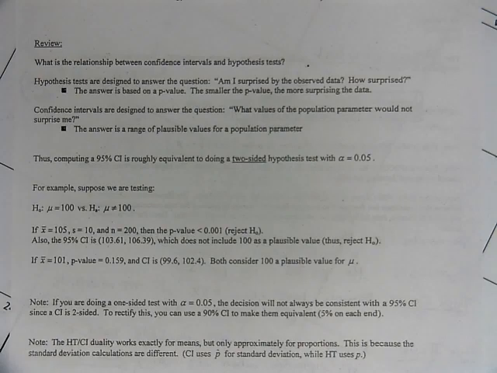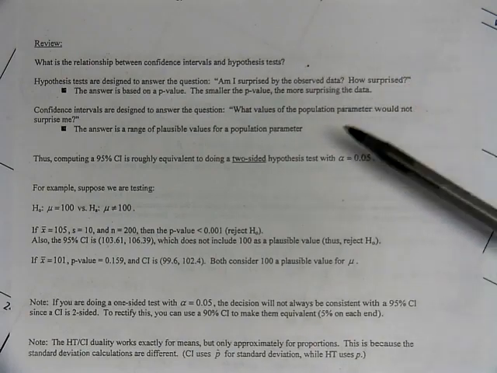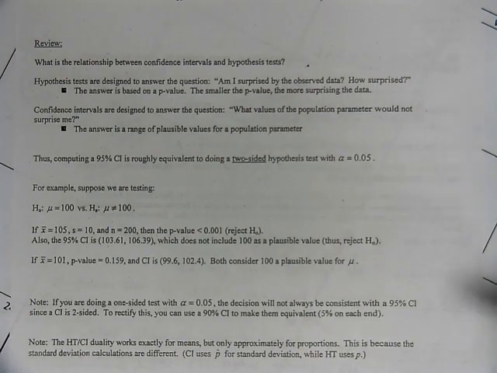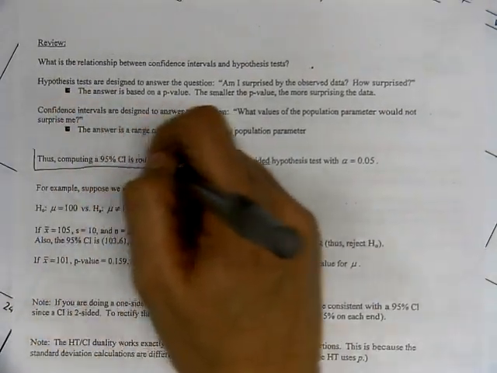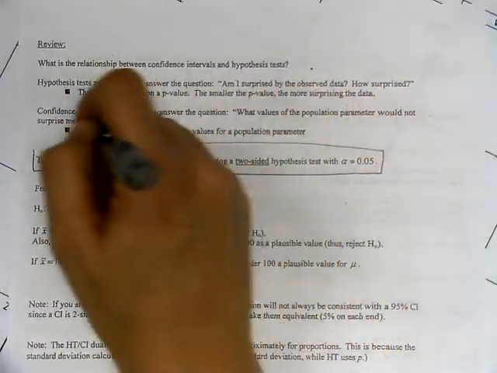How surprised? The answer is based on your p-value. So you're finding a probability to answer the question. Confidence intervals are designed to answer the question, what values of the population parameter would not surprise me? So you get a range. This is what is important to know. These are how they're related.